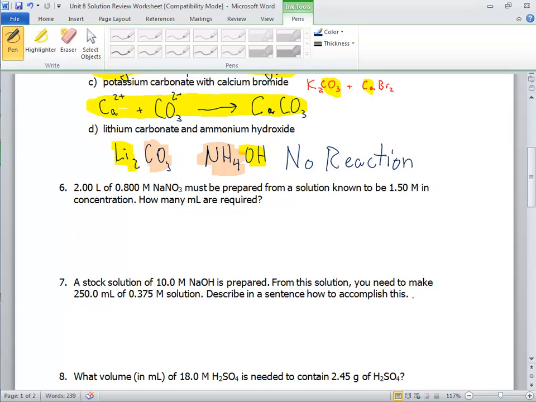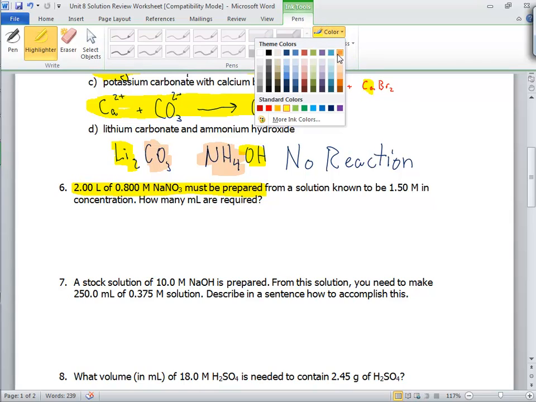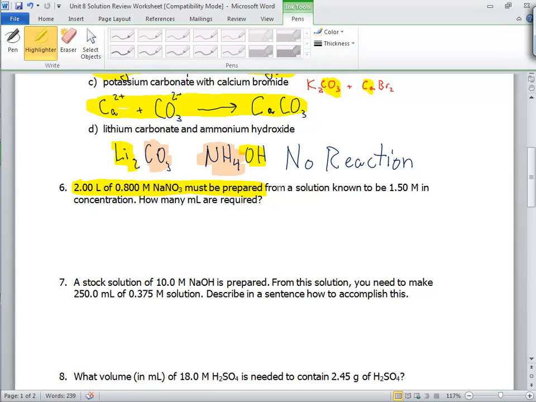Number 6 and 7 ask this. They say, we have this solution that must be prepared from a solution that's this concentration.